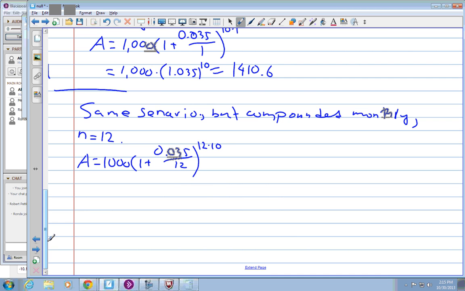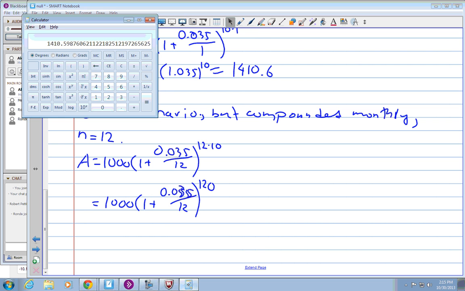So it's 1,000 times (1 plus whatever this is) to the power of 120. With the calculator, I'll compute 0.035 divided by 12, plus 1. So I just computed whatever's inside the parentheses. And then I'm going to raise it to the power of 120, and then times 1,000.